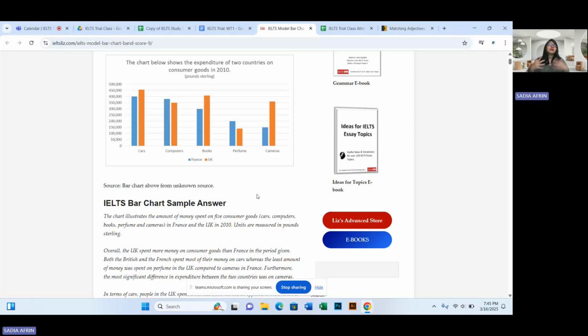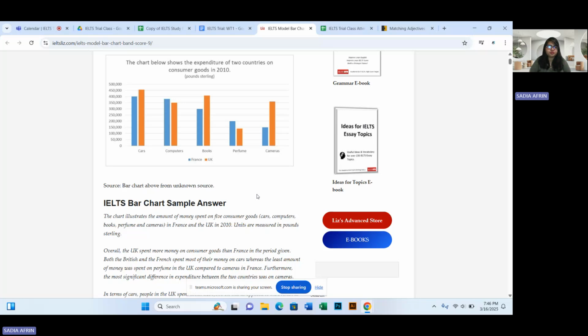So overview is actually an overall picture of the graph in written words. That means your examiner should be able to visualize the graph or the image in front of their eyes without looking at the picture or the graph. Okay, so in order to let them visualize, you need to give them a proper overview. Overall, what is happening?